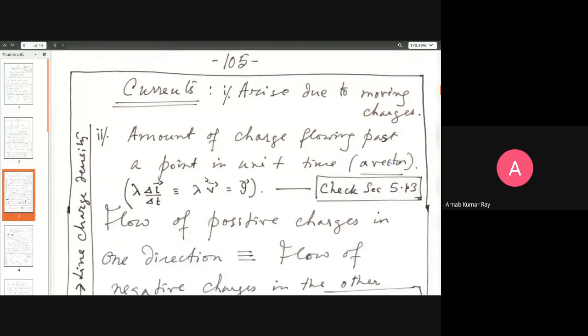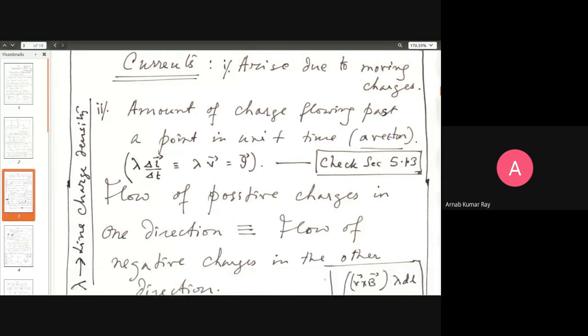What are they? Certain properties of currents. First, currents arise due to moving charges. Standard thing to understand, not a very difficult thing. The amount of charge flowing past a point in unit time, that is how a current is defined, which is a vector.